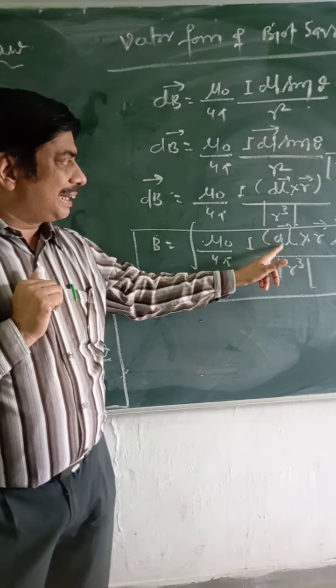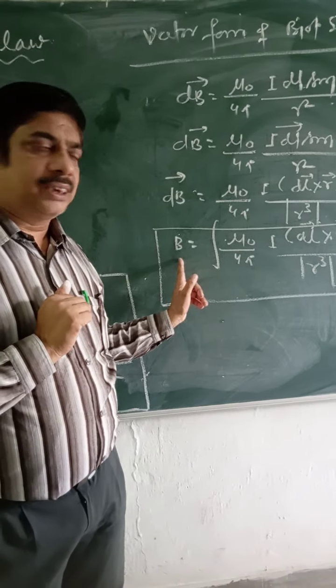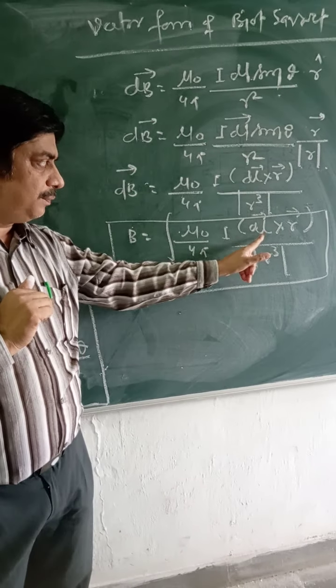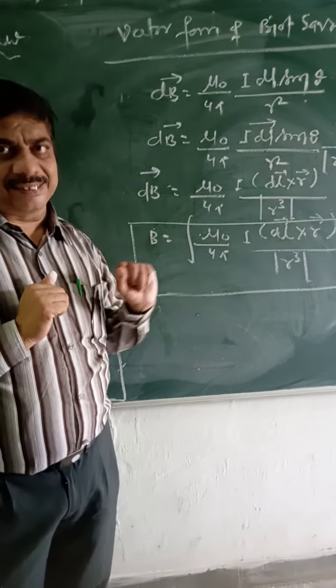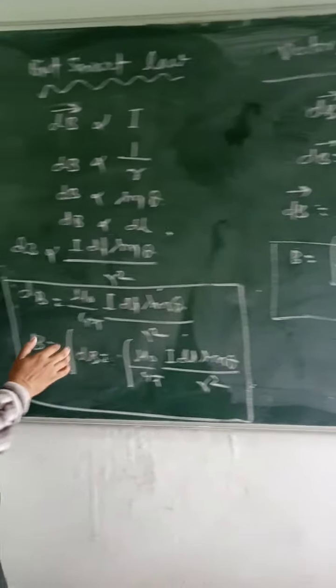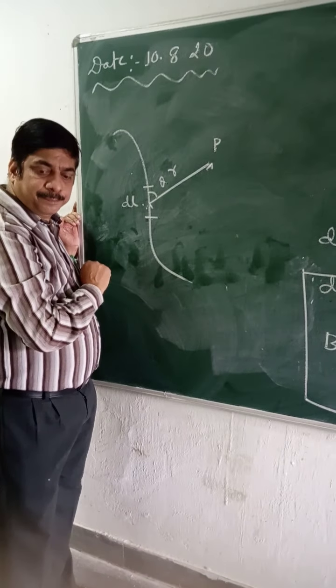Similarly, the direction of dl cross r means the direction of B is perpendicular to the plane in which dl and r exist. So here this is the plane where dl and r exist.